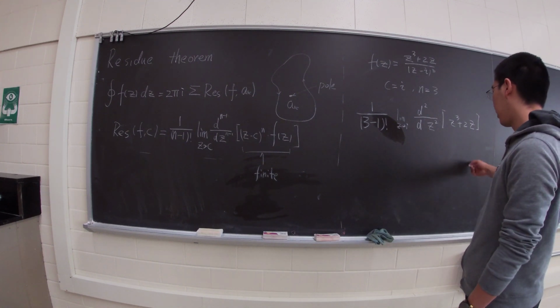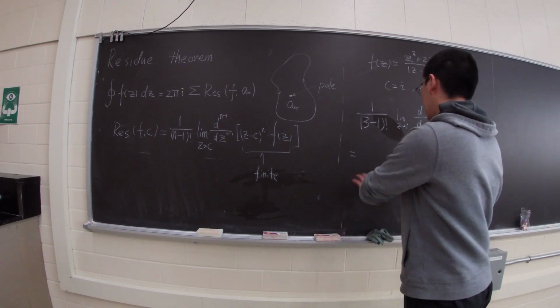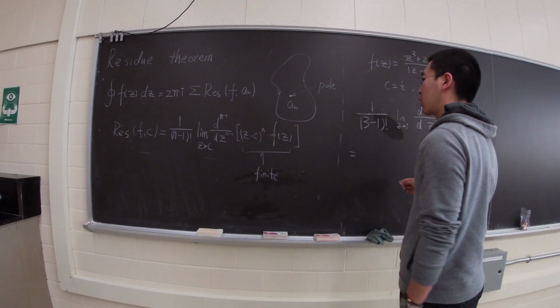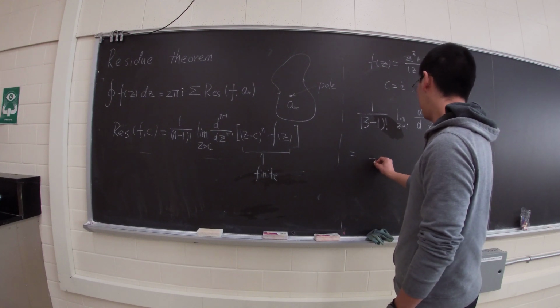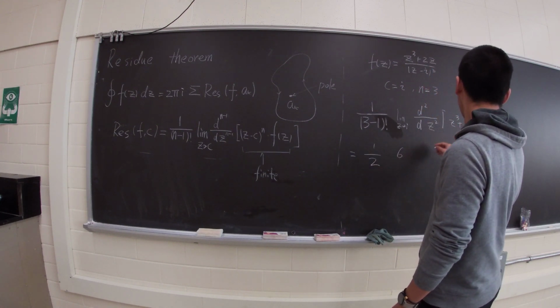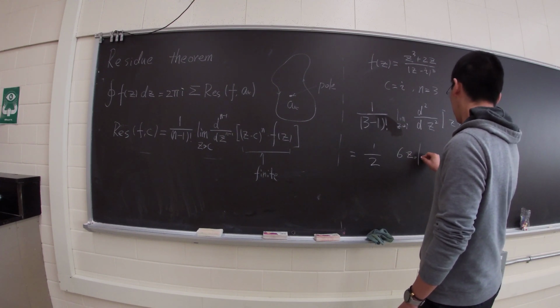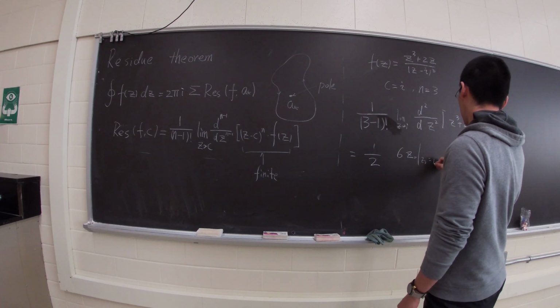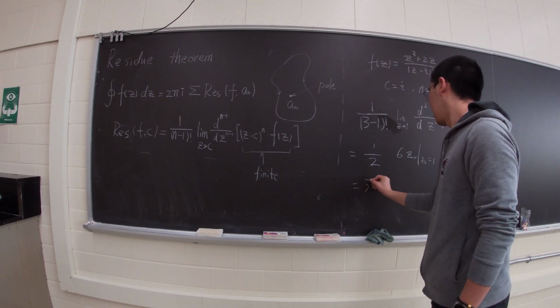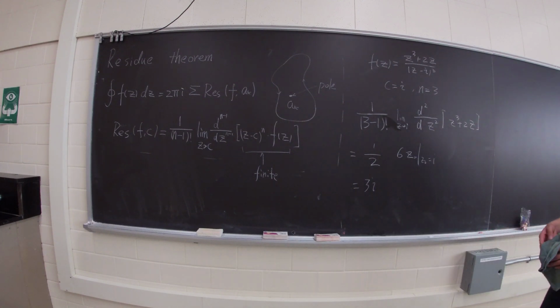This is a simplified, specific form, but this is the more general form. So we have 2 and 6 z naught, where z naught equals i. Then we have 3i, which is the same as in the previous problem.